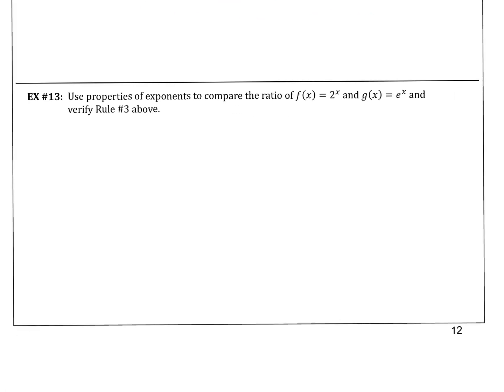However, what do we notice about 2 to the x and e to the x? 2 versus 2.718. Which one is smaller? So this is less, isn't it? So f of x versus g of x, which one grows slower?